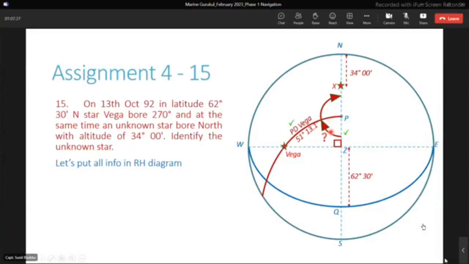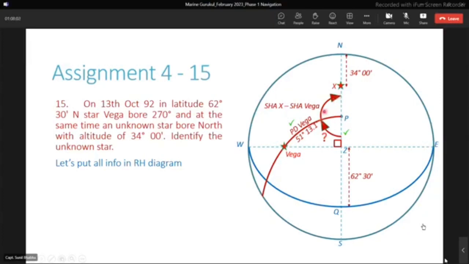Or you can say it is the difference of R angle between Vega and the unknown star. It is the angle at the pole contained between the celestial meridian of Vega and the celestial meridian of the unknown star. So it is the difference of R angle between Vega and this particular star.